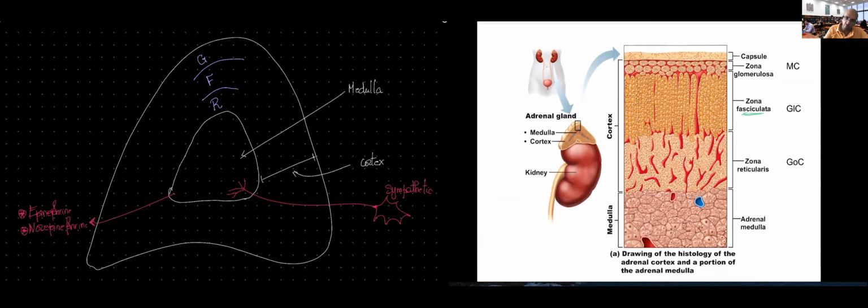So in order to remember, we put those from outside in, GFR. GFR is a very famous medical abbreviation that stands for glomerular filtration rate, but we use it here as a mnemonic to remind us of the order of the different layers. So again, from outside in, the adrenal cortex is formed by zona glomerulosa.